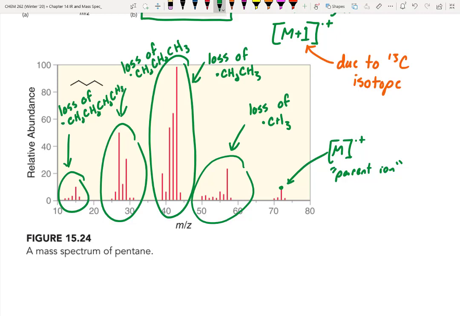All right, so if we think about it, what we're really observing here is over here, this is going to be the cation. Let me clean this up. That's going to be our methyl cation. Over here, this is going to be the ethyl cation, right?